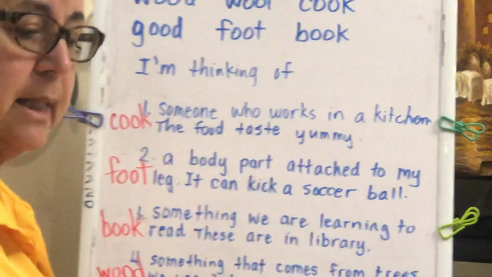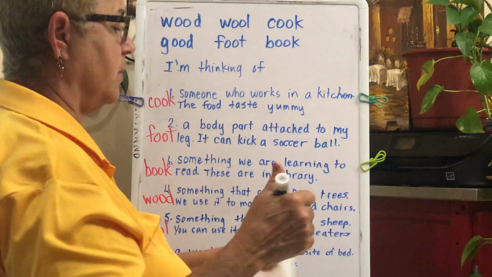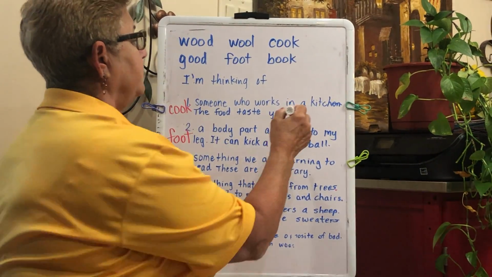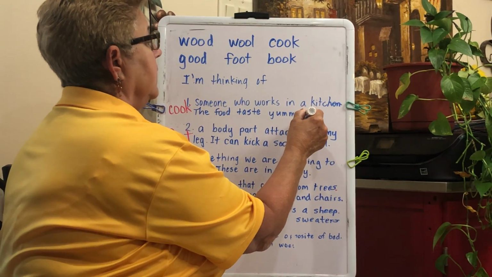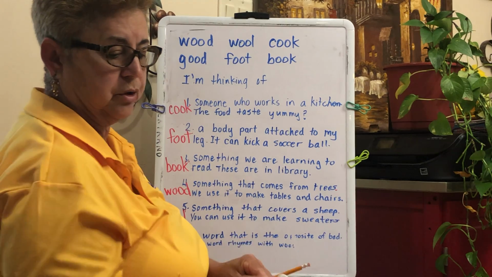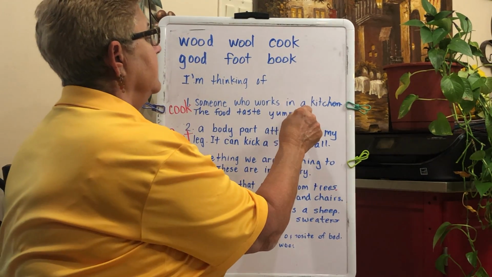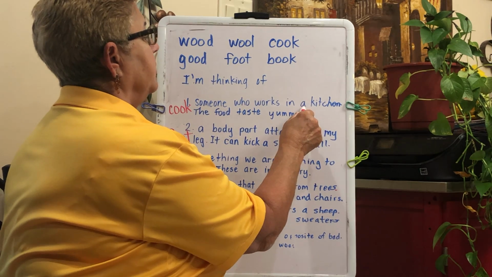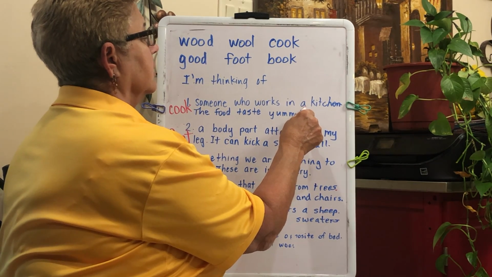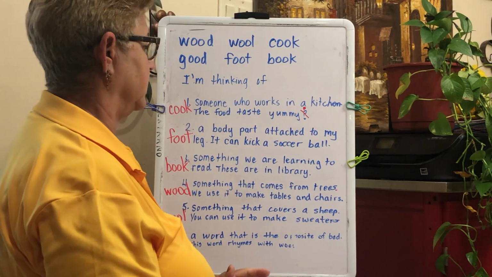So let's pretend that the food is yummy has a question mark. It's good to use a different color, and what you would do is cross it out with one line and then put a period. So that shows how you correct punctuation marks.